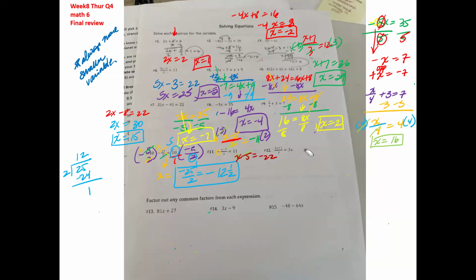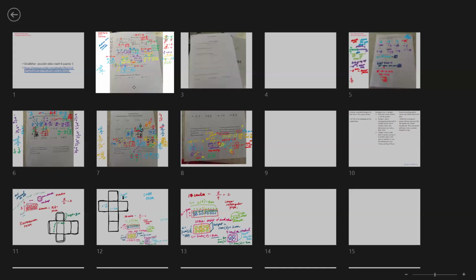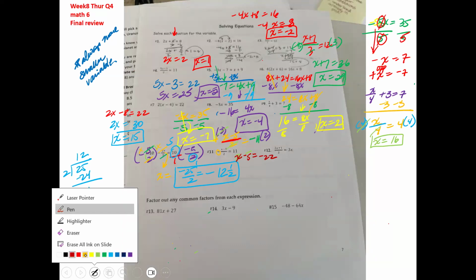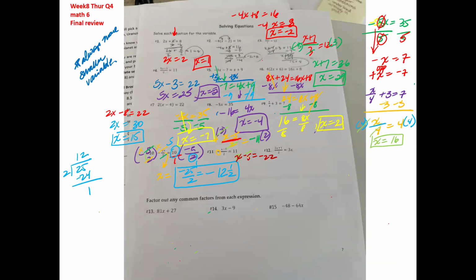Okay, so x minus 5 equals negative 22. What do you do? Negative 5. How do you get rid of that? Turn that into a positive 5. Yep, so x equals negative 17.